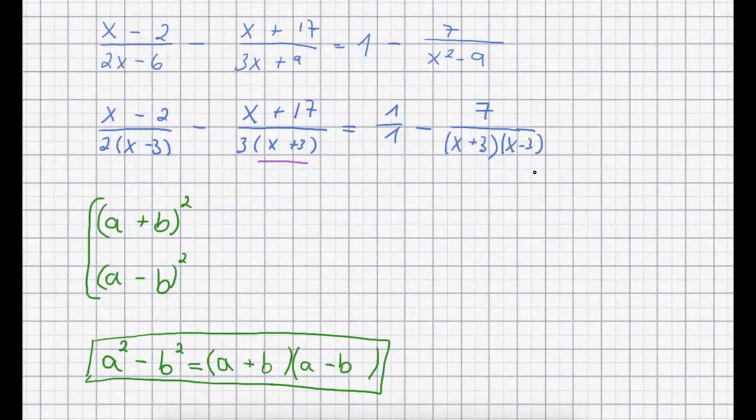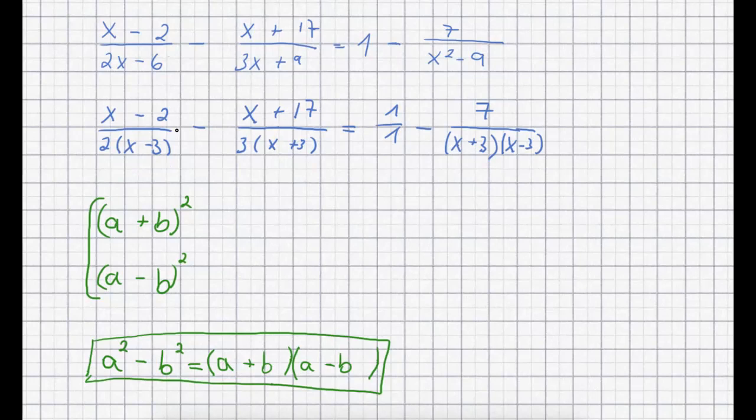All right, how can we continue, please? Now we have to find a common denominator. Wait, I'm just copying it down. 2 x minus 3.